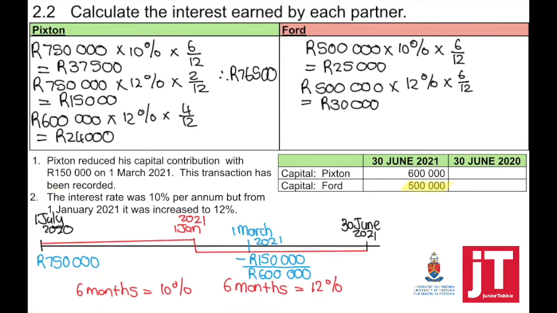How do I know? Nowhere did they mention that he reduced or increased his capital. So for 6 months, it must be calculated at 10%, and for 6 months, it must be calculated at 12%. So the total interest, 25,000 plus the 50,000 equals 55,000.